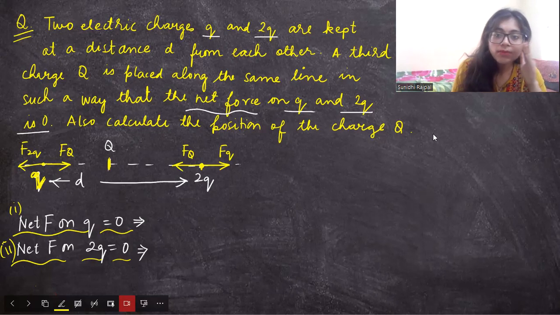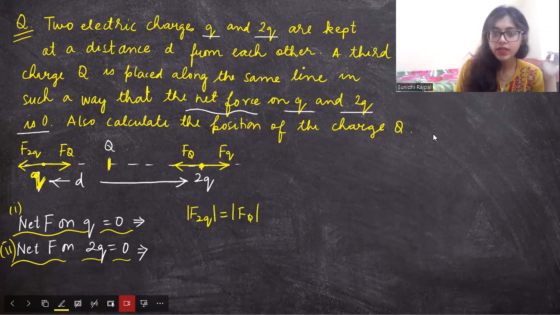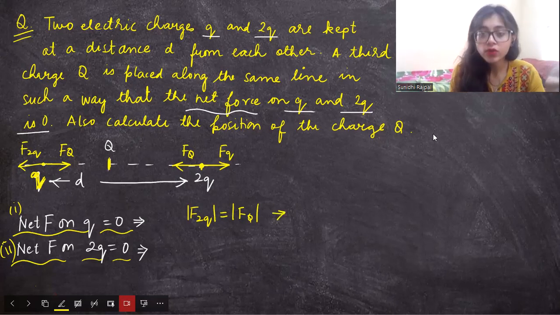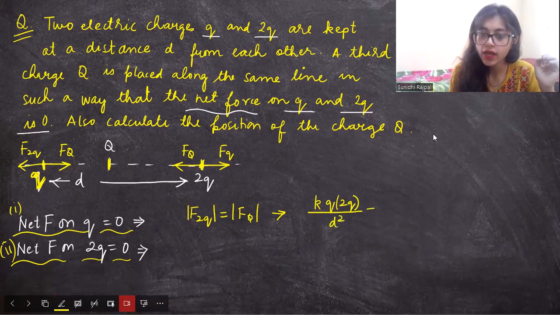So from equation number 1, I can write that F due to small 2Q charge has the same magnitude as the F due to capital Q charge, right? Easy to understand. अब F due to 2Q charge, what will that be? That will be K, this is being exerted on the Q charge, then I have 2Q, and what is the distance between Q and 2Q? It is D. So we have D square.